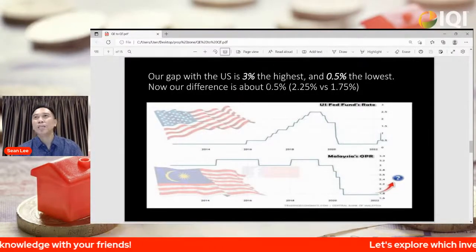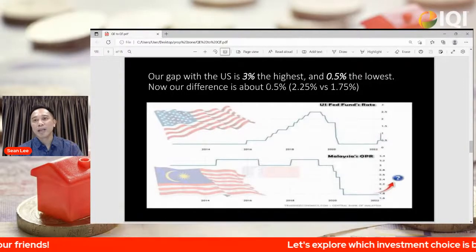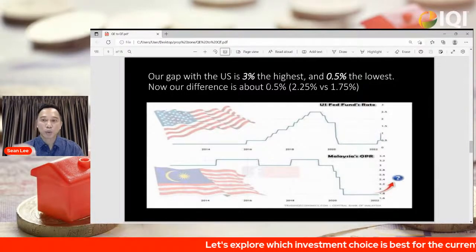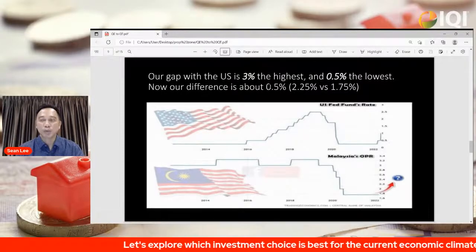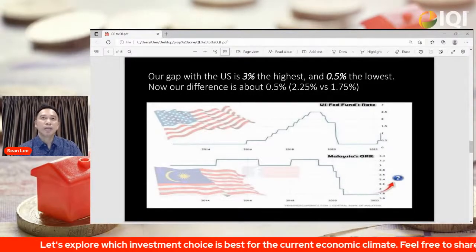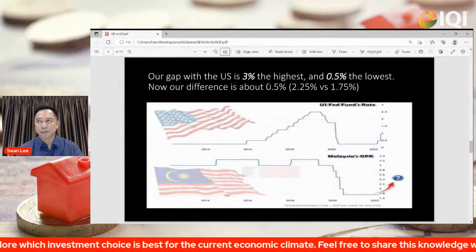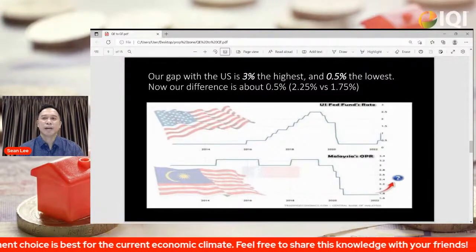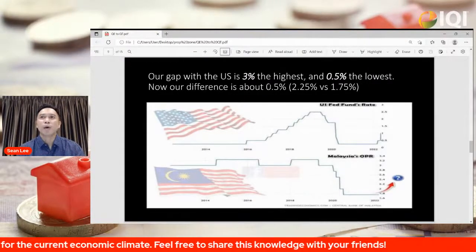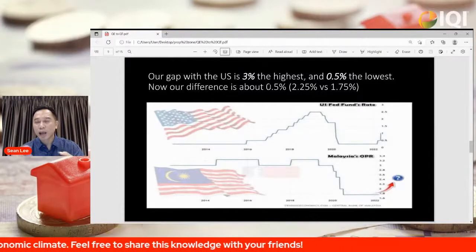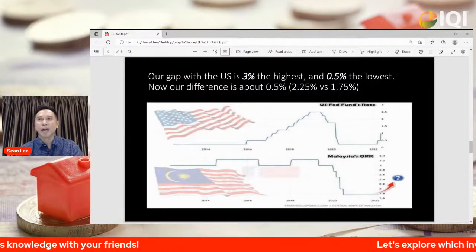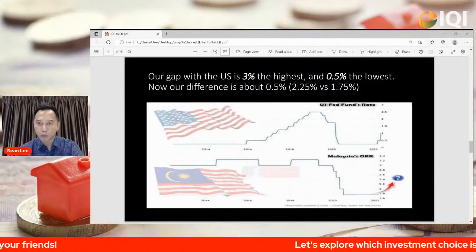I think the main reason Bank Negara did not raise the interest rate so high, so fast, is that it is taking into consideration the economy in general, not just households and businesses, but also individuals. A lot of them are actually having a loan.